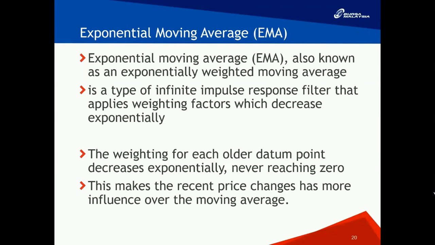EMA is a weighted moving average, a type of infinite impulse response filter that applies weighting factors which decrease exponentially. The weighting for each older data point decreases exponentially and never reaches zero, so it is always smoothened.